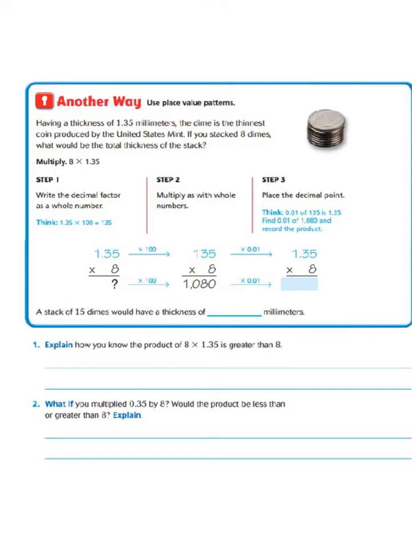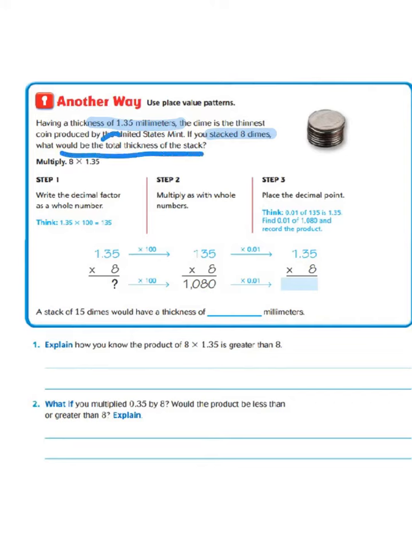Well, let's go back and pull out our important words. So it has a thickness of 1.35 millimeters. If you stacked 8 dimes, what would be the total thickness of the stack? And we have to underline our question.